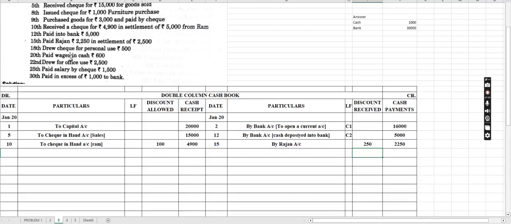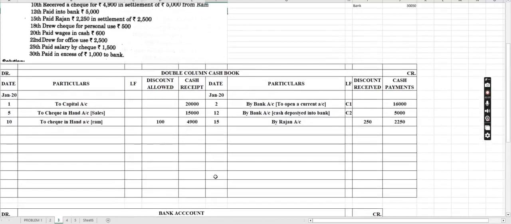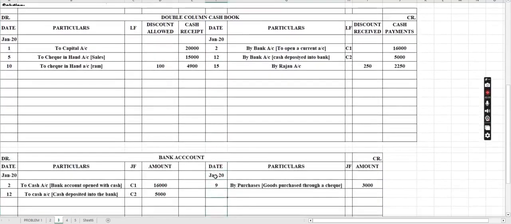Okay. Next, on 18th, drew check for personal use. Now a check is drawn for personal use. Money has been withdrawn from the bank. Cash has been withdrawn from the bank for personal use. That we directly go to bank on 18th, by drawings, in bracket, personal use.